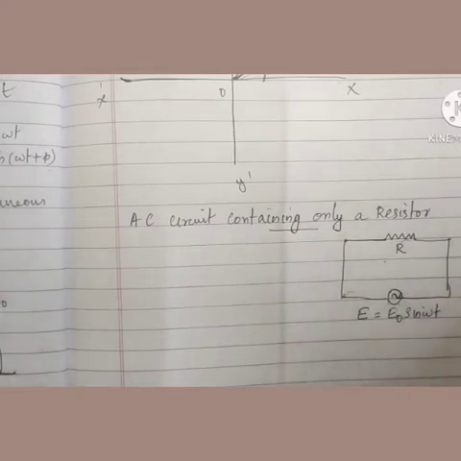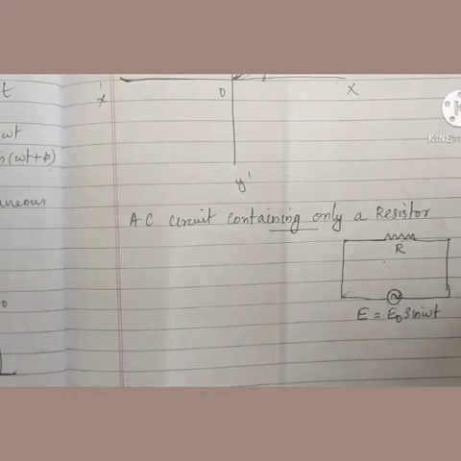Now here, next step is, after drawing the circuit diagram, that's the first step, you have written the expression for instantaneous EMF or instantaneous voltage. Next step is to find the expression for current.